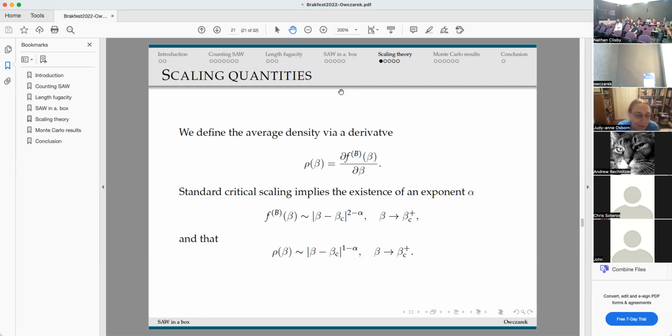It's written like 2 minus alpha because the free energy always converges, and alpha is always less than or equal to 1, so 2 minus something less than or equal to 1 is also convergent. The density will scale as beta minus beta c to the 1 minus alpha.